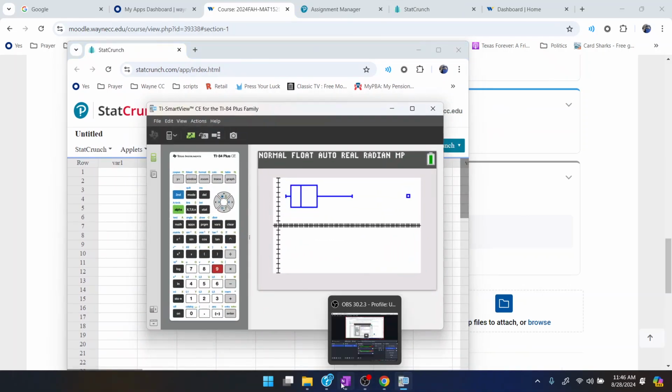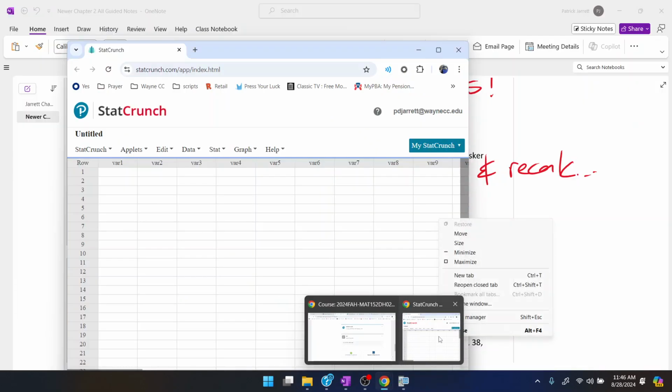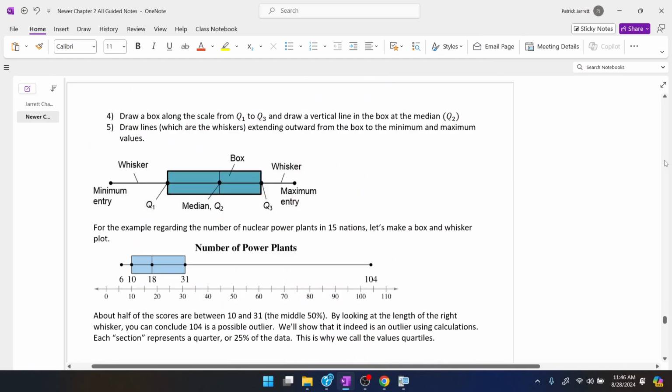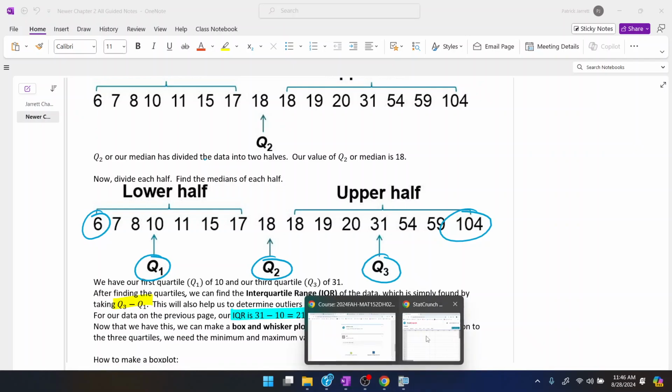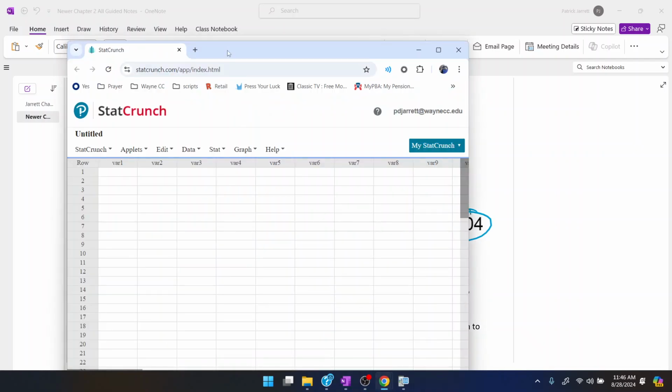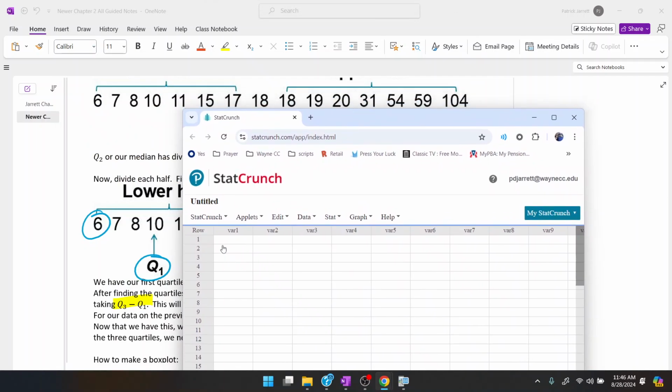What I want to do is go into the notes, and under var1, enter all 15 pieces of data. That's 6, 7, 8, 10, 11, 15, 17, 18, 18, 19, 20, 31, 54, 59, and 104.